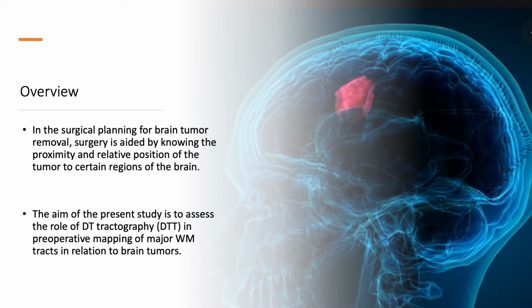The study is also aiming to show an important role of DTT in assessing tracts affected by the tumor and to utilize this information in guiding surgeons to maximize the tumor resection, thus minimizing post-operative neurological deficit and chances of tumor recurrence.